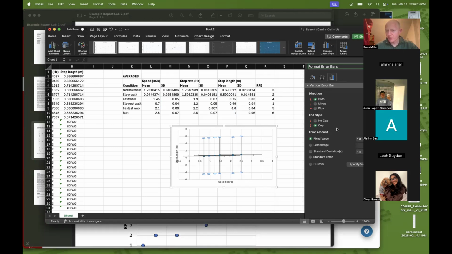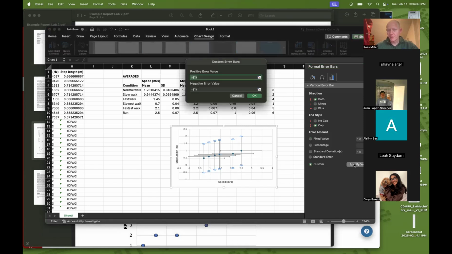And there I'm going to go to my direction. I want this to be plus and minus. That's fine. And under my error amount, I want that to be a custom amount. And then next to my custom amount, I'm going to specify that value. Okay, so I click on specify value. Then that pops up this little window where it says positive error value and negative error value.